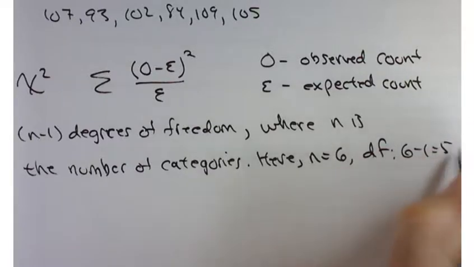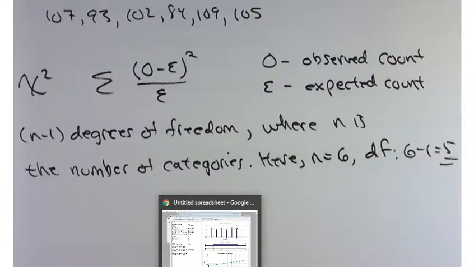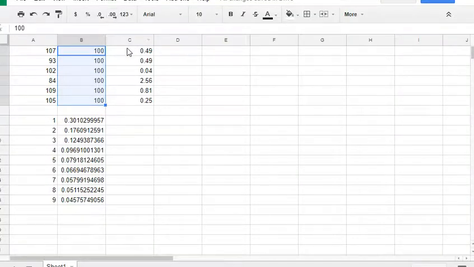In a chi-square distribution with 5 degrees of freedom is where you can find your critical value and your p-value. Now, fortunately for us, we're not going to have to actually calculate the p-value. We'll be able to get that from our work. Let's see how it would work in this particular case. What you could do, say with Google Sheets, is something like this.